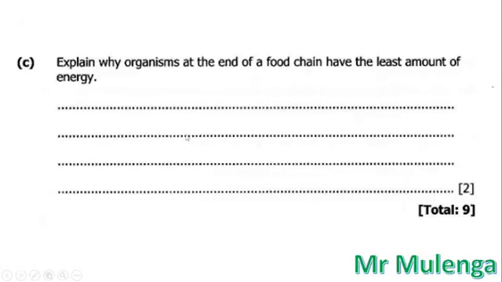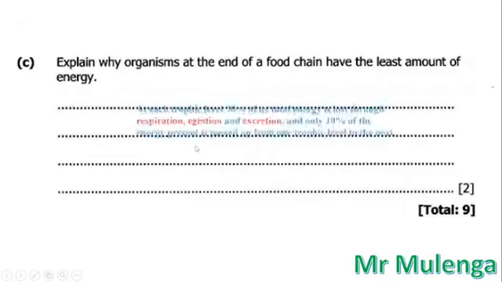So 90% of the energy will be lost to those processes that I've mentioned. Then only 10% of the energy is going to be passed on from one trophic level to the next level.